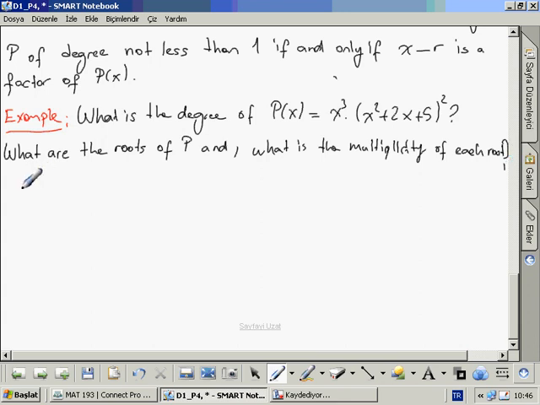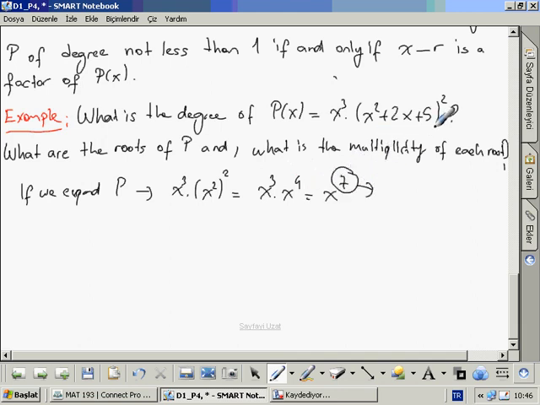If we expand p, assume that this is x cubed and (x squared) to the power of 2, that will be x cubed times x to the power of 4, so it equals x to the power of 7.